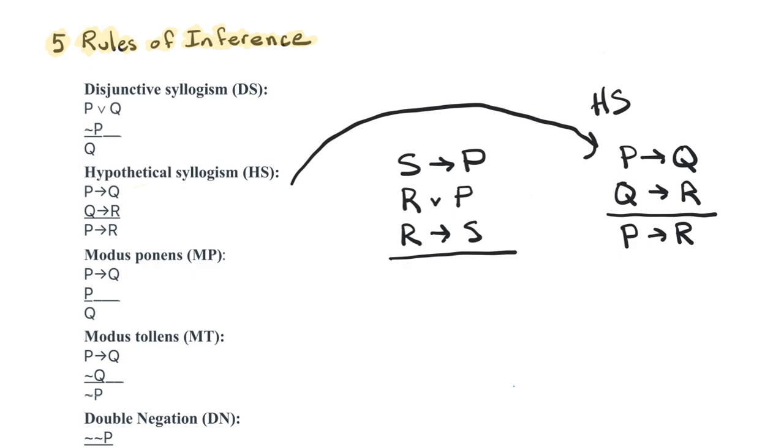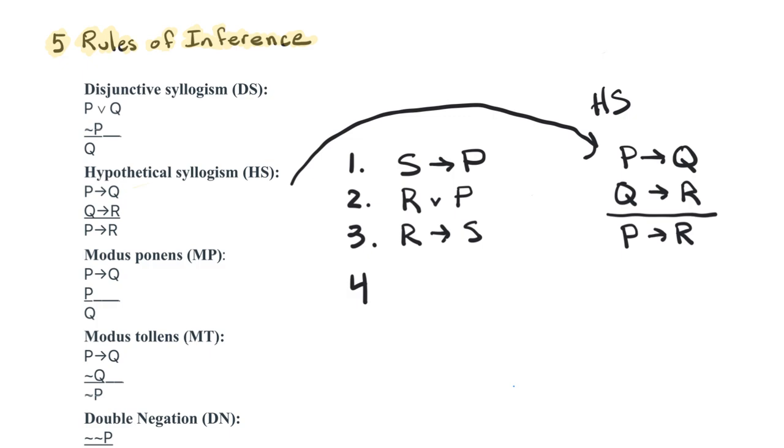If P then Q, if Q then R, what follows from that, or what must be true from those, is, therefore, if P then R. But if you were faced with a question that asks you, what can be derived from these three lines: if S then P for premise 1, R or P, premise 2, and then 3, if R then S?